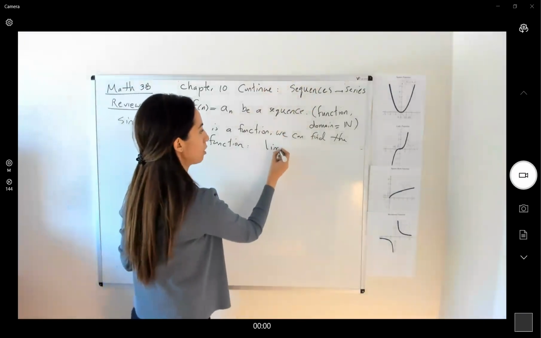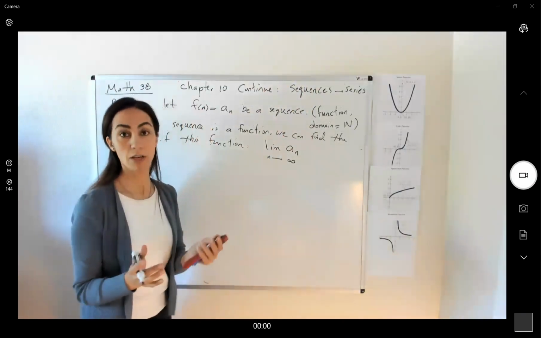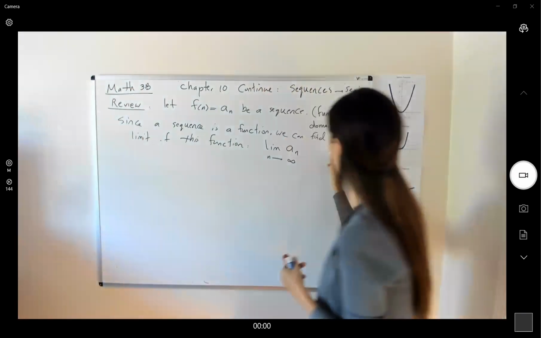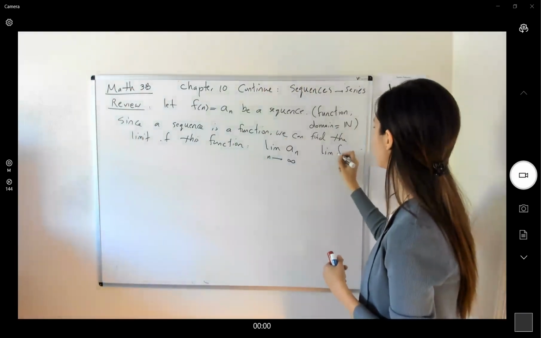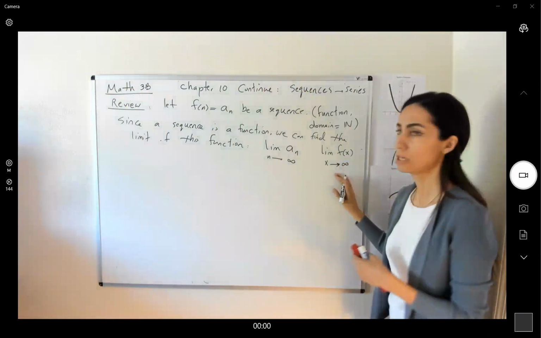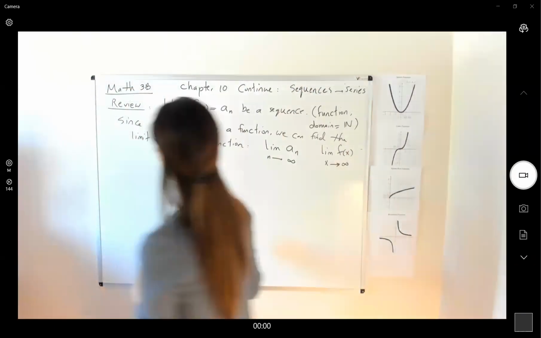So the limit of a sub n while n goes to infinity is almost equivalent to the limit of function f of x while x goes to infinity, the limit techniques that we learned in Calc 1.